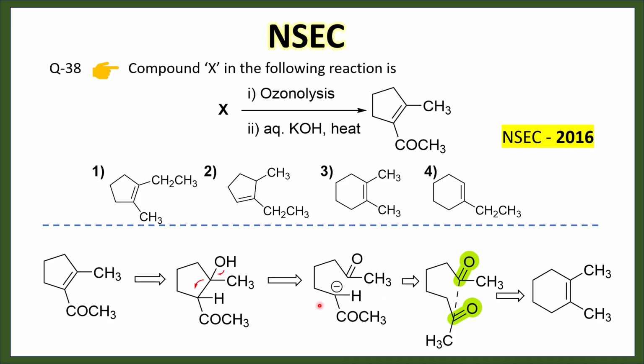Now again at this center, if protonation happens, it becomes like this diketone, and if we eliminate the oxygen from the diketone and connect with a double bond, we find the right initial alkene. So here the correct option is this one.